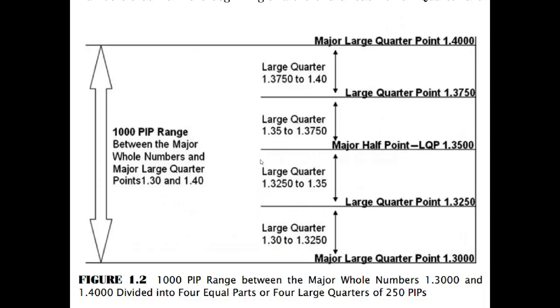Put a horizontal line on both of those, and then change those colors. Those are 1,000 pips, so those are the strongest support and resistance. And then the middle ones, the 250 pip increments, are going to be a little bit weaker, but they're still going to give you targets.